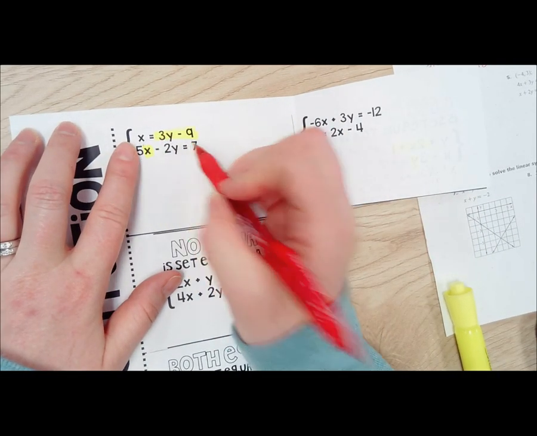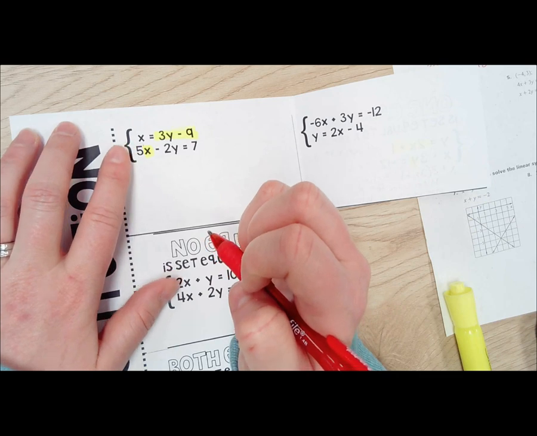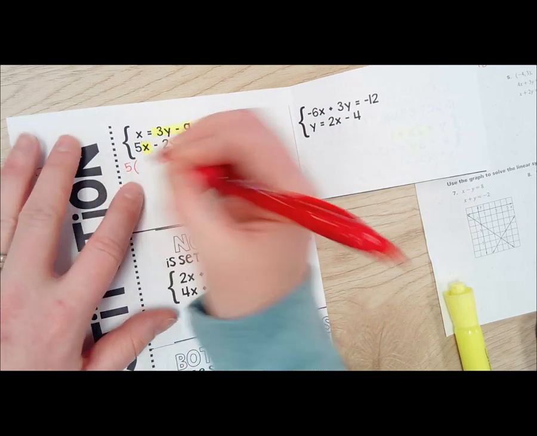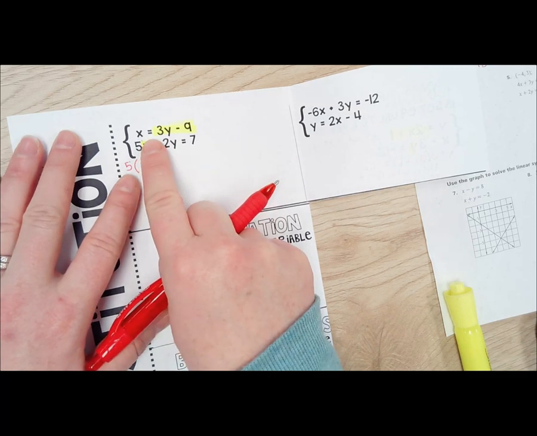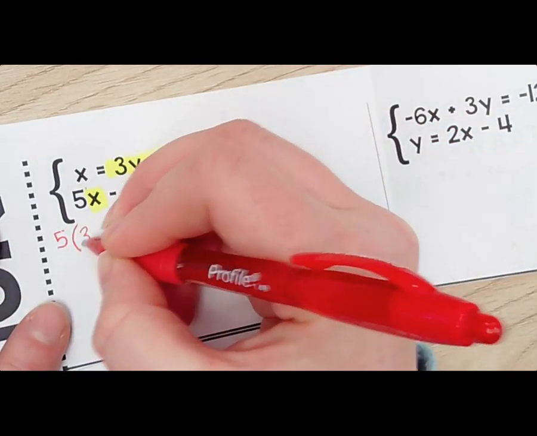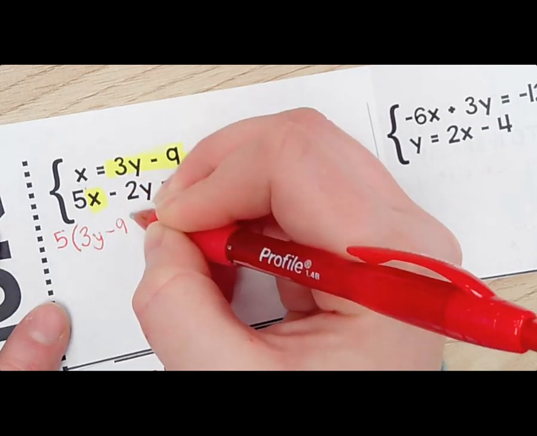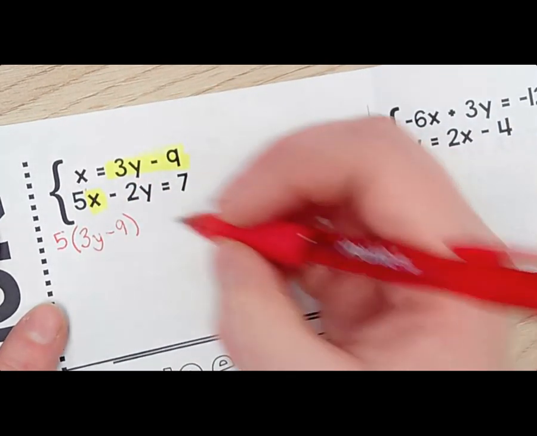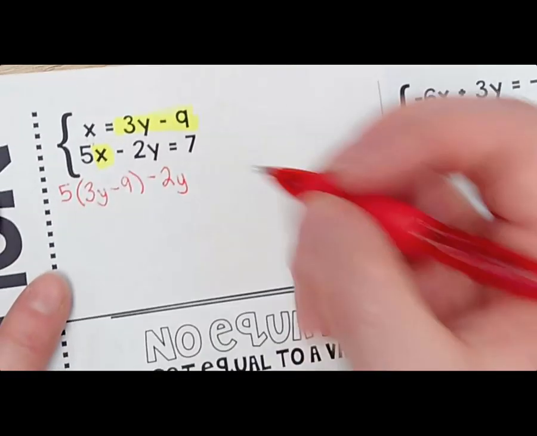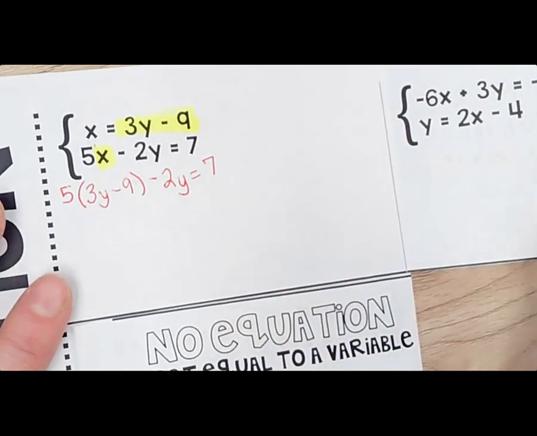Because this is already solved for one variable. So we do 5 parentheses. Instead of putting in x, I'm going to put what x equals. This 3y minus 9. Minus 2y, because we don't need to substitute anything there, equals 7.